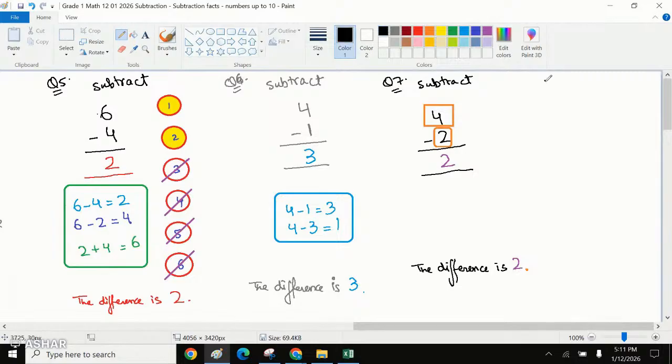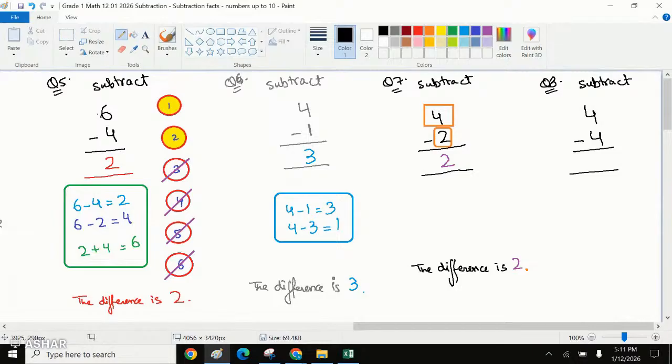But what will happen if we say subtract 4 minus, let's just confirm, 4 minus 4.